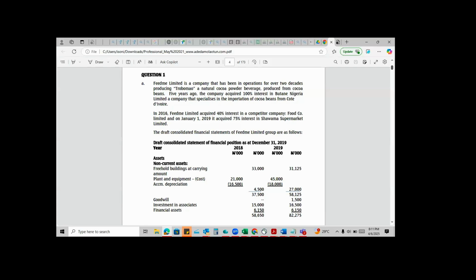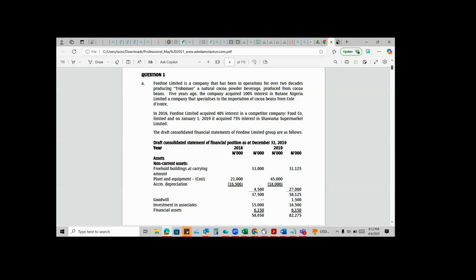In 2016, Feed Me Limited acquired 40% interest in a competitor company, Foodco Limited, and on January 1, 2019, it acquired 75% interest in Shawarma Supermarket Limited.